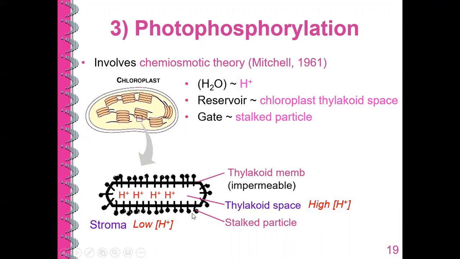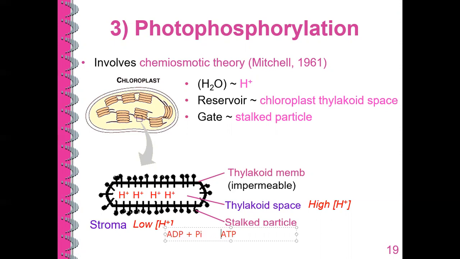When it diffuses across and turns this enzyme, ATP synthase, then ATP will be synthesized from ADP and Pi. So I can write here that ATP will be synthesized from ADP plus Pi. It will form ATP.